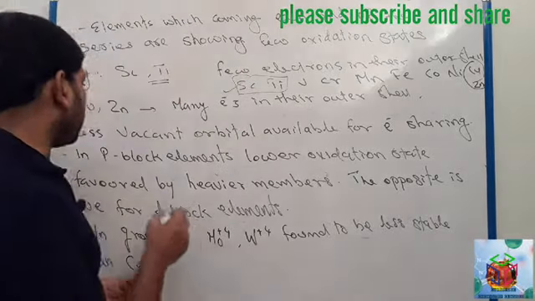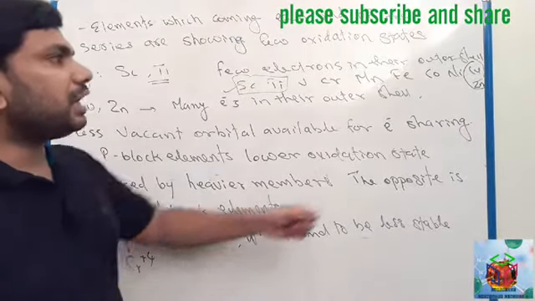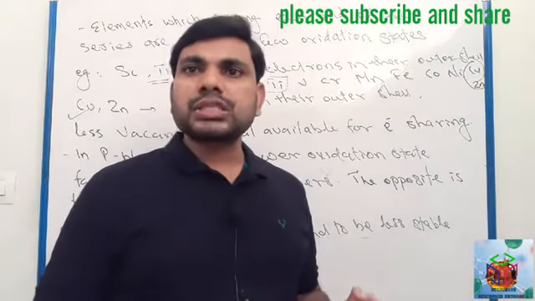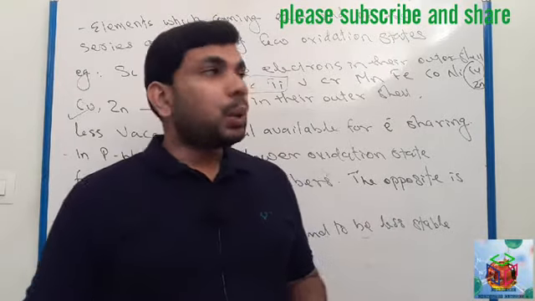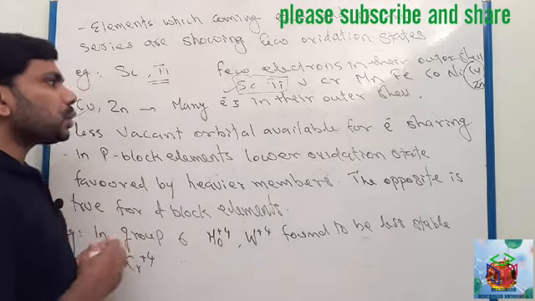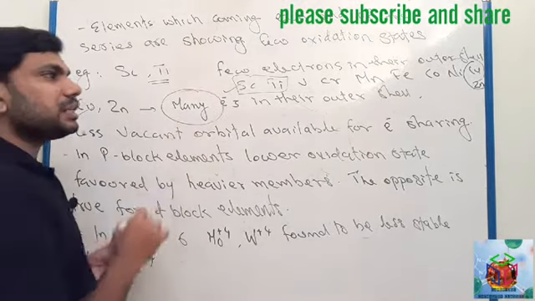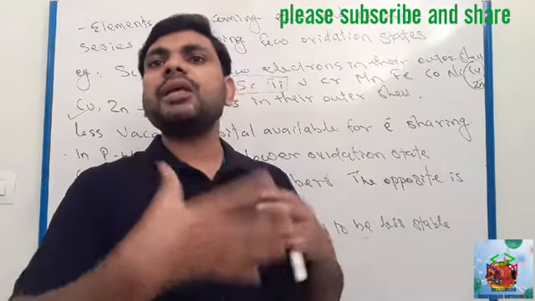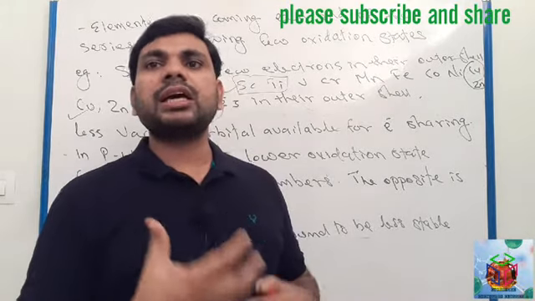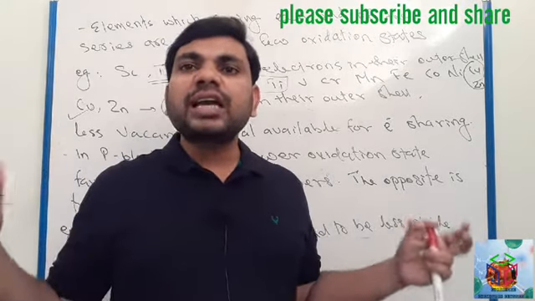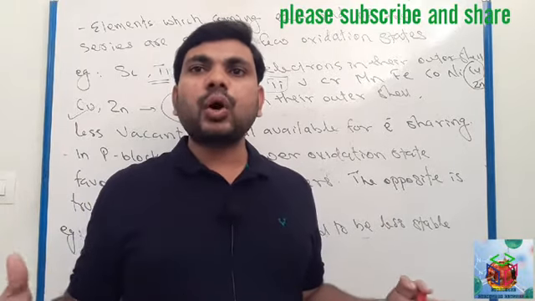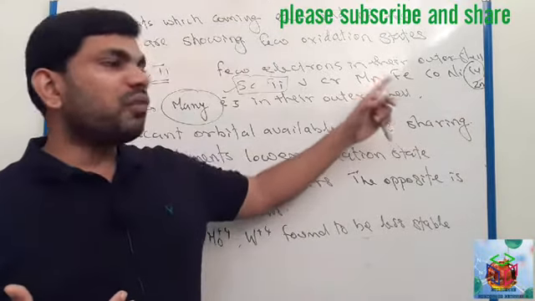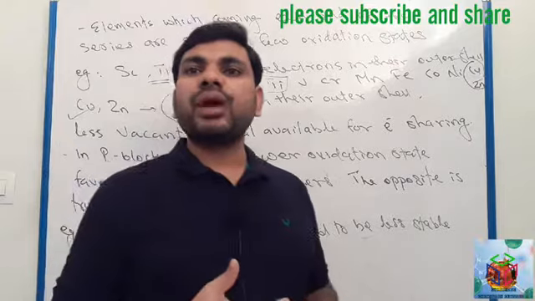Similarly, the next point to discuss is copper and zinc. The elements at the end of this series, copper and zinc, show very few oxidation states. Why? Because these elements have so many electrons in their outer shell, and there is no vacant orbital for electron sharing to make a new bond, or very few vacant orbitals.